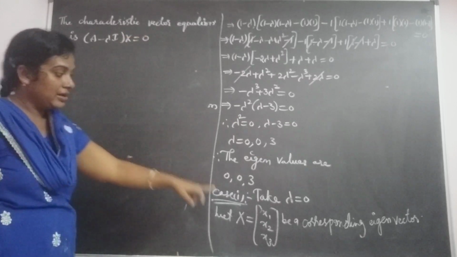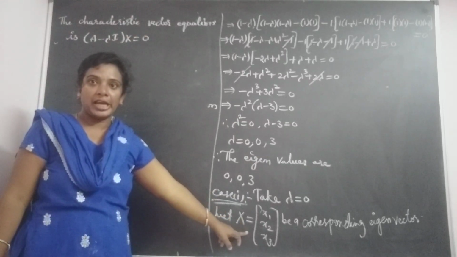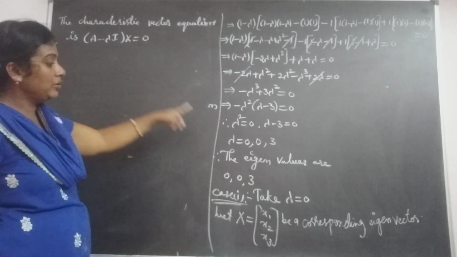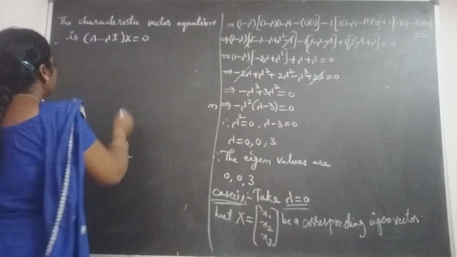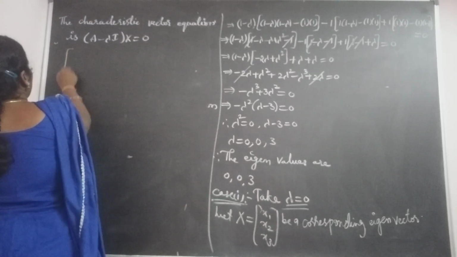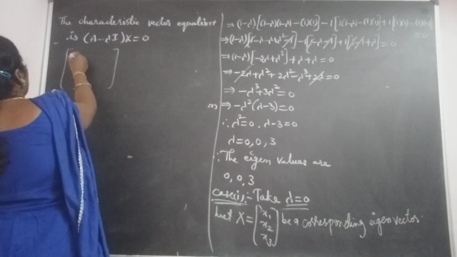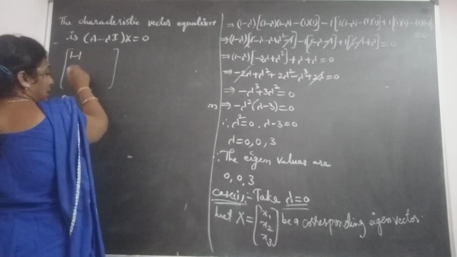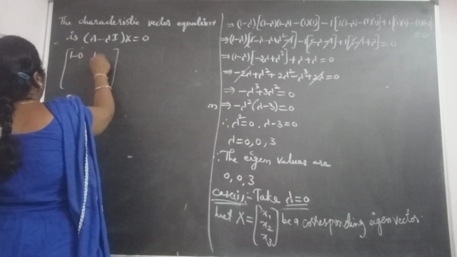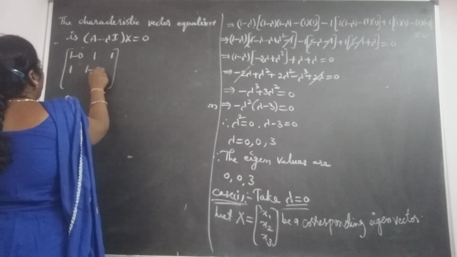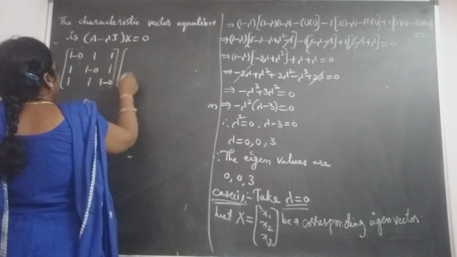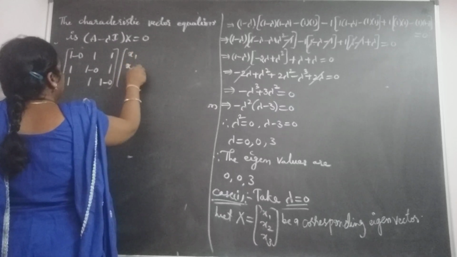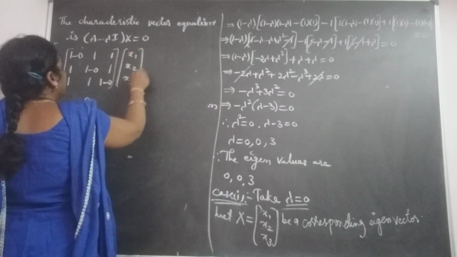Here X is the eigenvector x1, x2, x3. We take lambda equal to 0 and substitute it in the A matrix, so we get 1 minus 0, 1, 1; 1, 1 minus 0, 1; 1, 1, 1 minus 0, into x1, x2, x3.